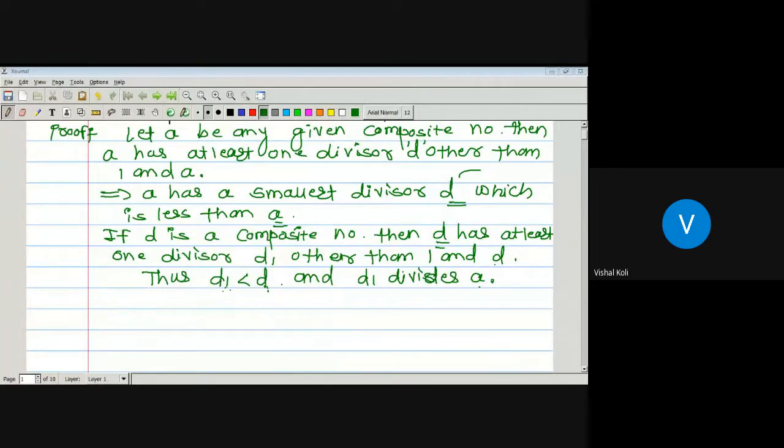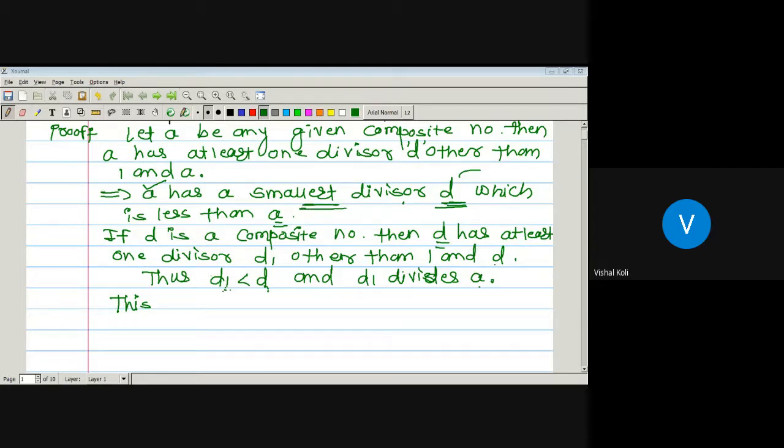As d1 divides d and d divides a, d1 divides a. But this contradicts our assumption that a has a smallest divisor d, because we get another element d1 which is less than d and divides a.